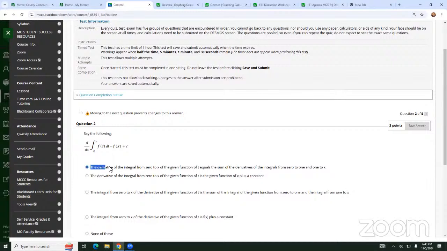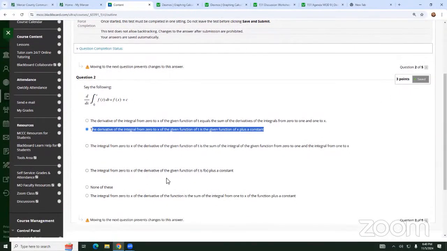So it's the derivative of the integral from 0 to x of the given function of t equals, okay, there's no sum there, so it must be this one. The derivative of the integral from 0 to x of the given function of t is the given function of x plus a constant. That must be it.